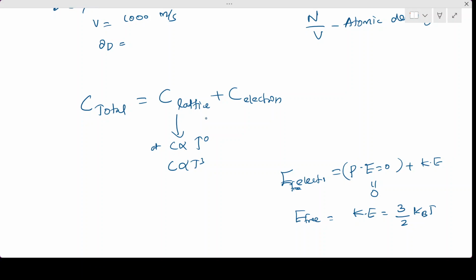In the classical case, we consider a classical harmonic oscillator. In the quantum case, in Einstein theory, we consider a quantum harmonic oscillator with the same energy and same frequency for all atoms.